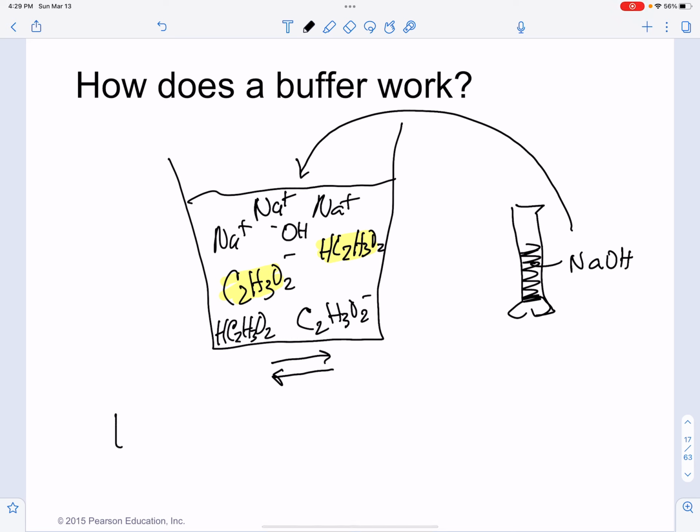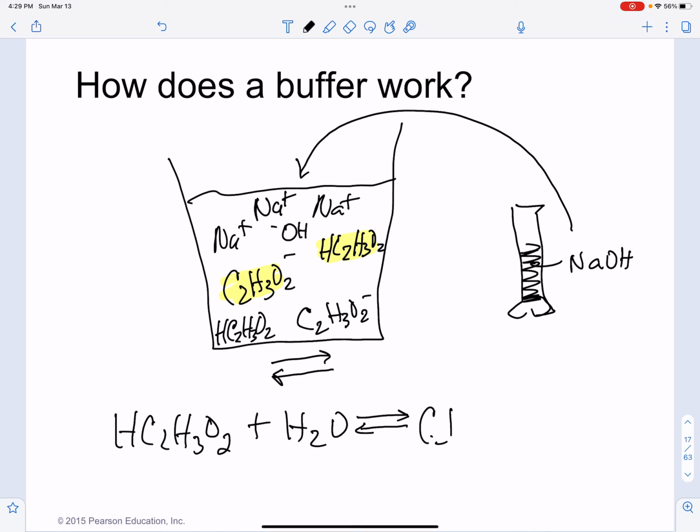So you put the acid in the water, right? It's a weak acid, so it created an equilibrium and it produced the conjugate base plus some hydronium. Your typical hydrolysis, or ionization, of an acid. And you have a system.